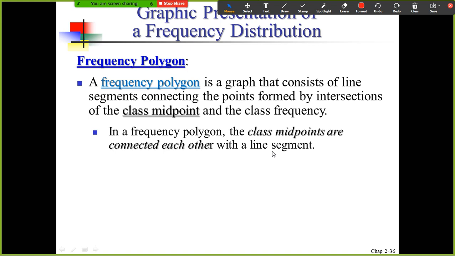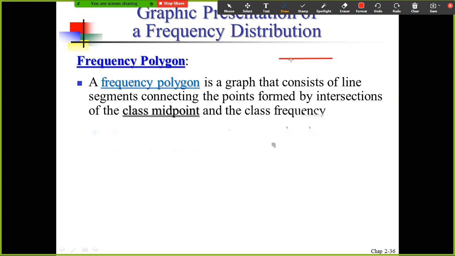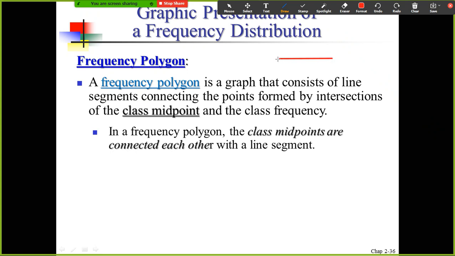If we're talking about a line, there is no limitation, we don't know where the end is. But a line segment is a part of a line, because a line segment has a beginning and an ending. This is the beginning point of the line, and this is the ending point of the line.